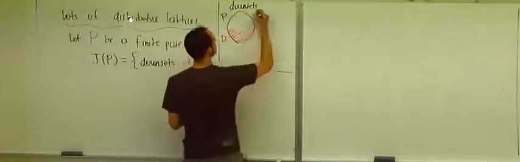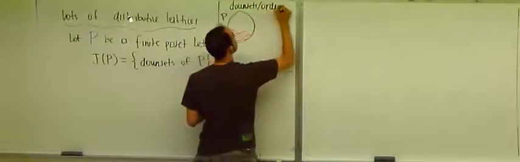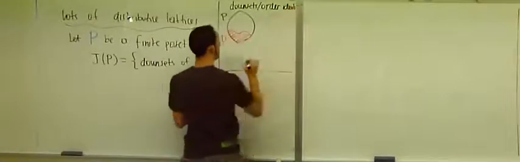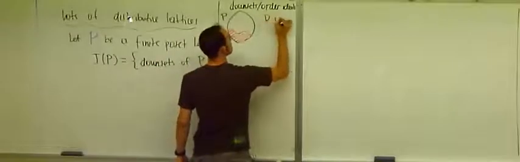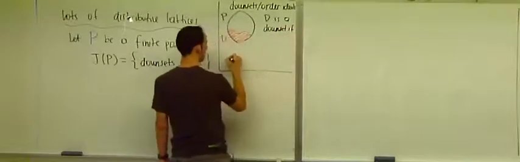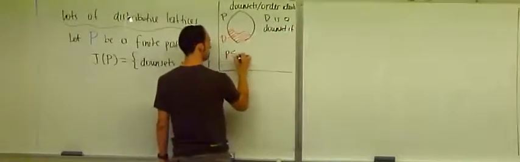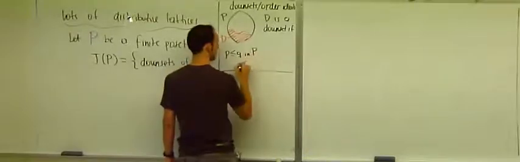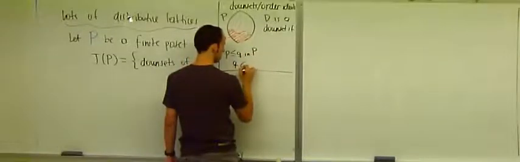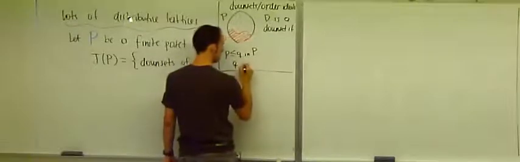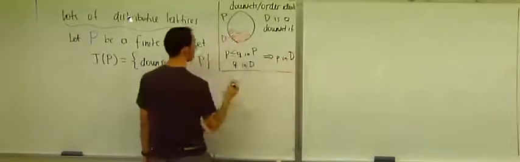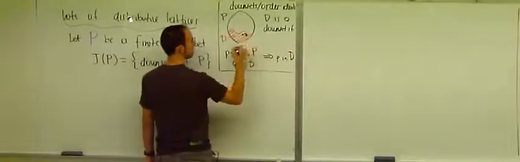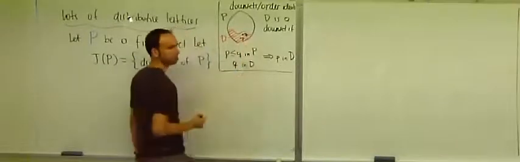So if you ever see that word, it means the same thing. So what is the property that downsets need to satisfy? D is a downset if whenever you have P less than or equal to Q in the poset, and if Q is in the downset, then P has to be in the downset. So if Q is in here and P is below it, then P has to be in here as well.